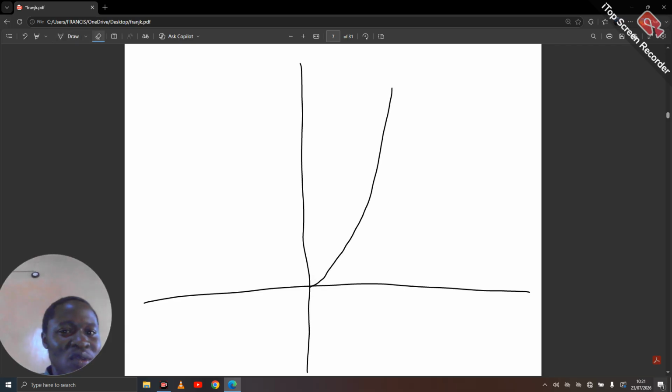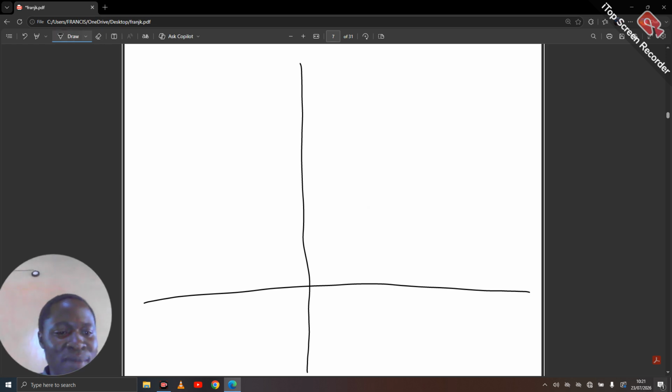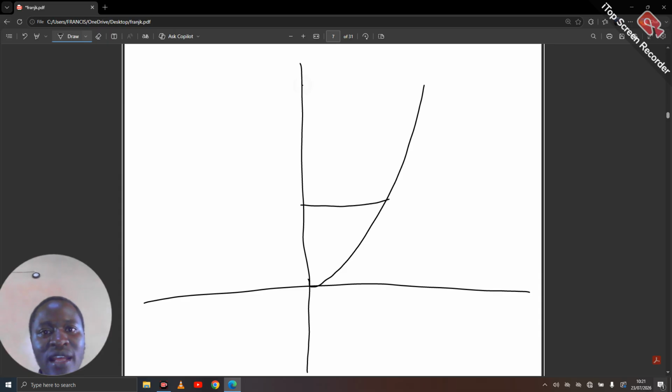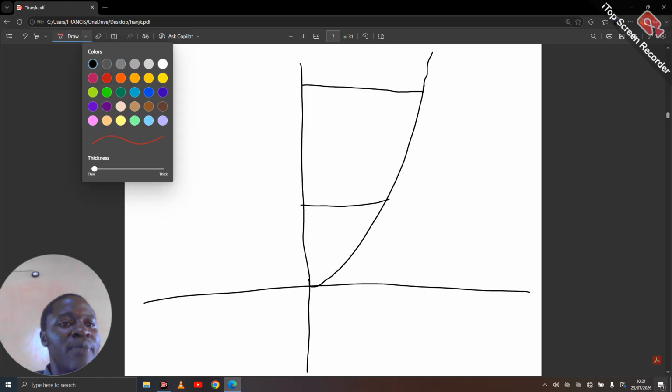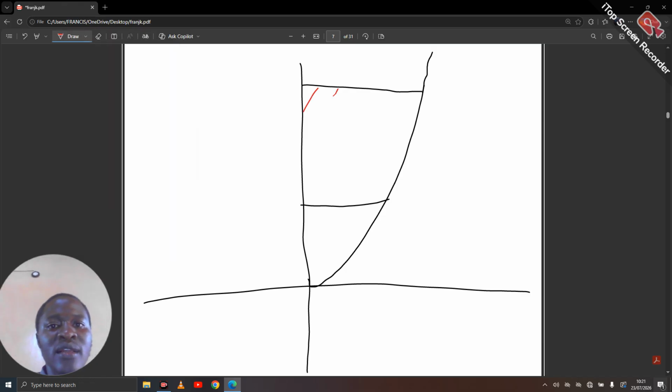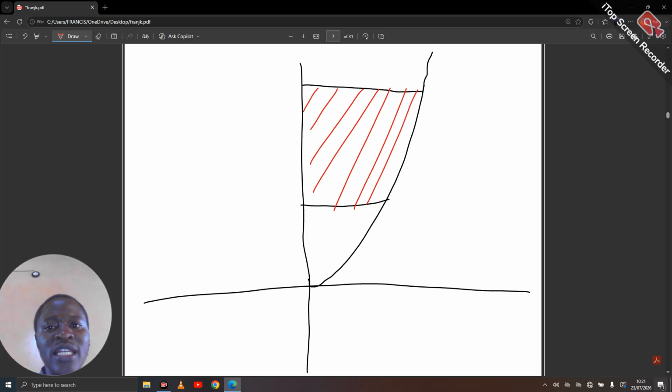It is not easy to explain this using a machine, but just understand me. Something like this. Then we are having that part and that part. Then the shaded part is this one. This part is shaded.